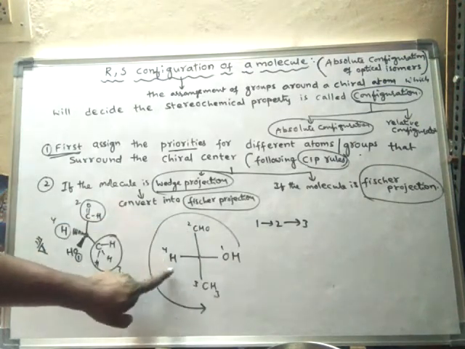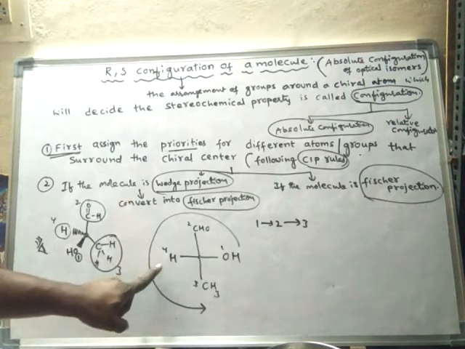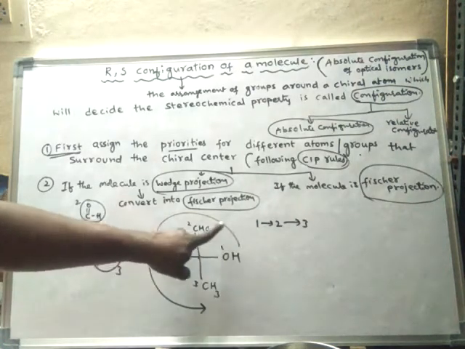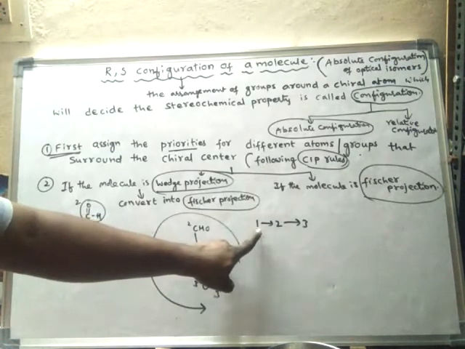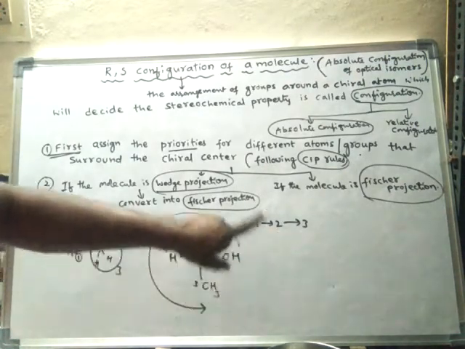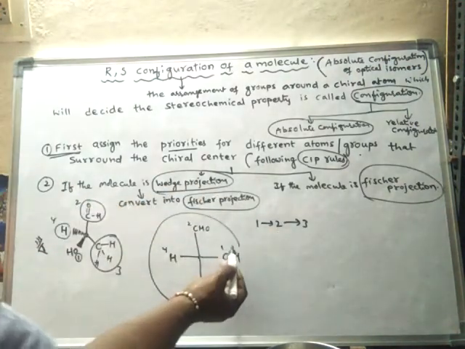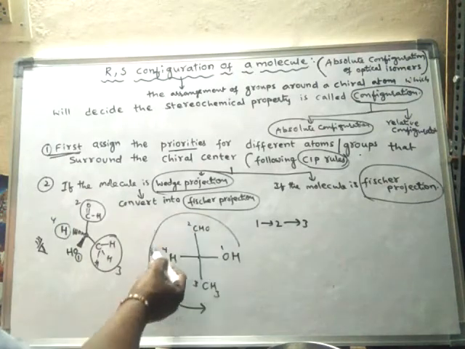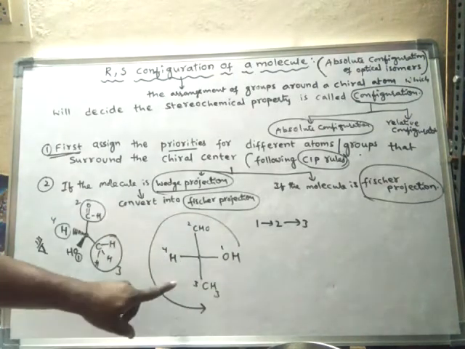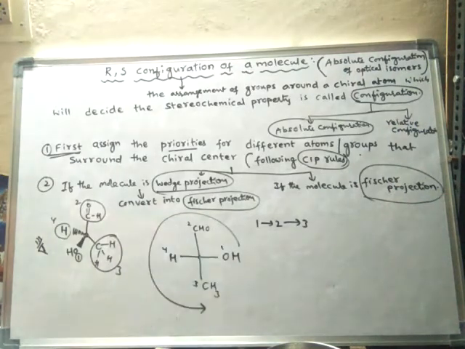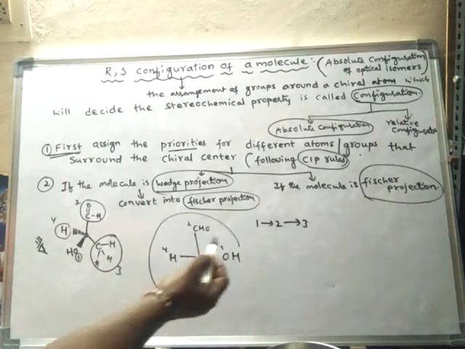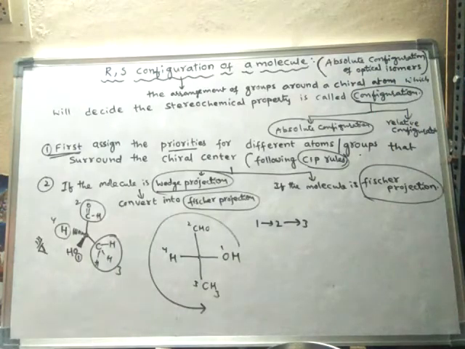Just neglect the fourth priority group. We have to see in which direction the path from 1 to 2 and 2 to 3 goes, and draw that in the form of an arrow. So now this arrow is indicating an anti-clockwise direction.